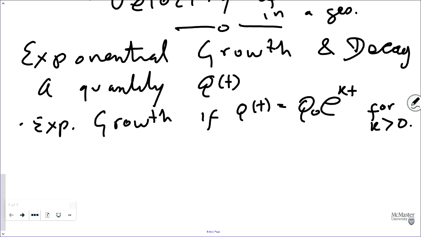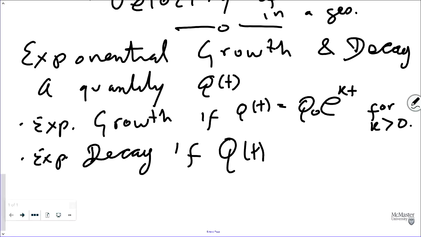So Q naught is a constant, and then it's multiplied by the exponential, where you have kt and k is positive. On the other hand, it's possible that you might have an exponential decay if the function is of the form Q naught e minus kt, where k is greater than 0. So the change, of course, is that now the argument of the exponential has a minus sign.